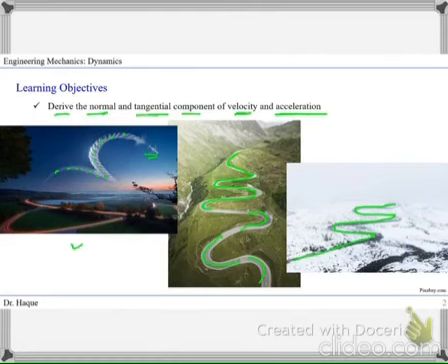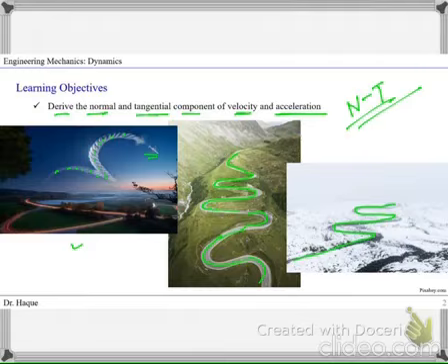It is easier to use the normal and tangential components when you know the path of the particle. So let's see what we're talking about here. N means normal and T means tangential, the normal and tangential coordinate system.